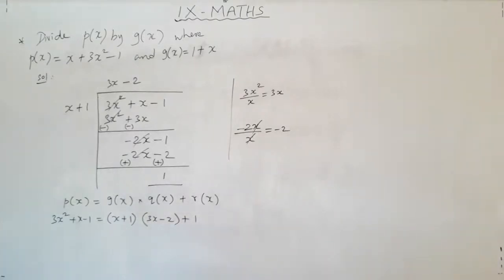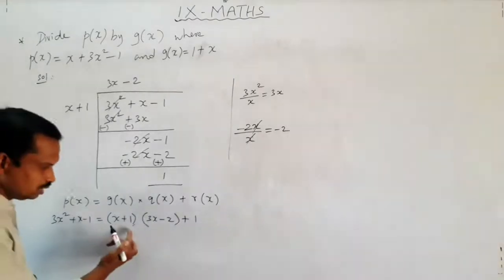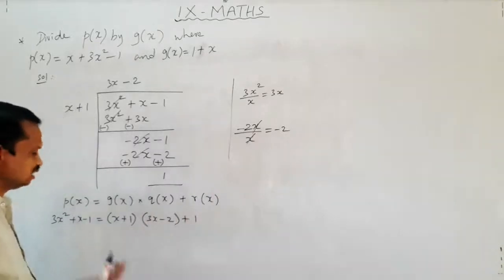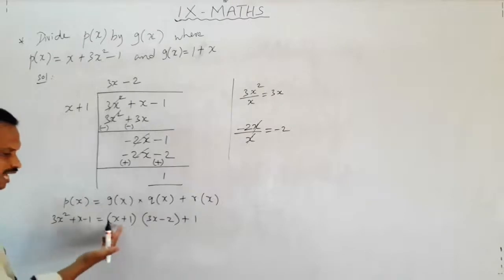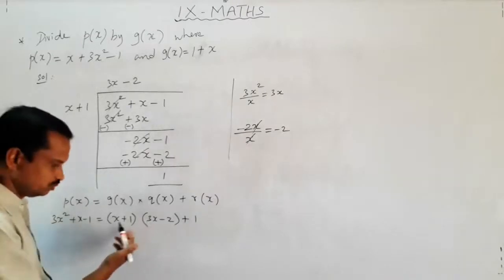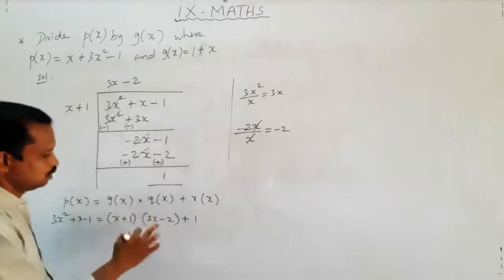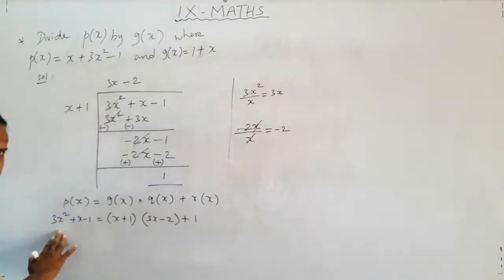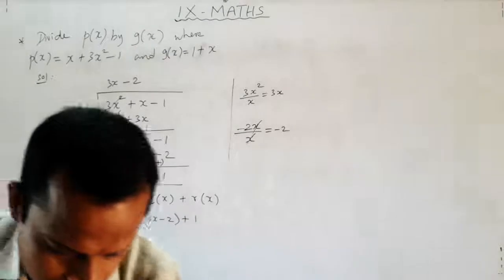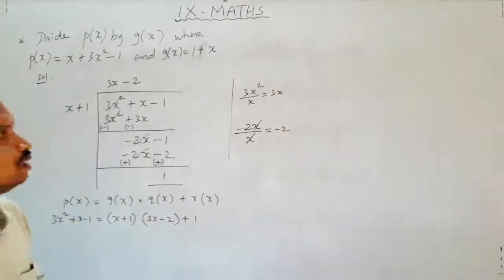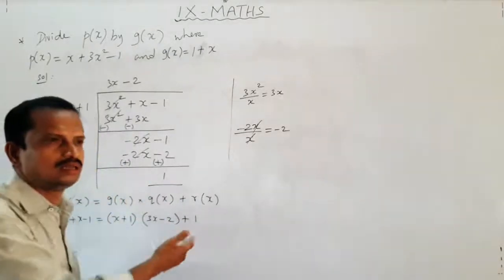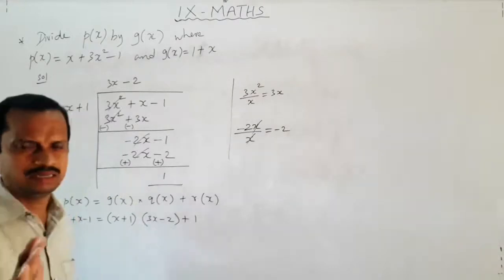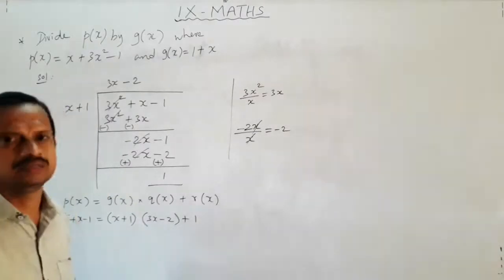1 is the remainder. So when we simplify this right hand side, what are we going to get? The left hand side element. So x plus 1 into 3x minus 2, when you multiply and simplify, you definitely get the left hand side. Clear? So 1 is the remainder here. That's why in the last example previously I told you to put plus 1 separately, because that 1 will become the remainder.